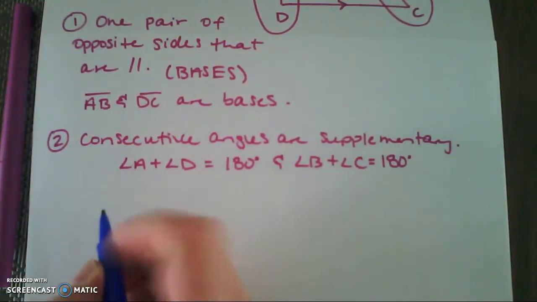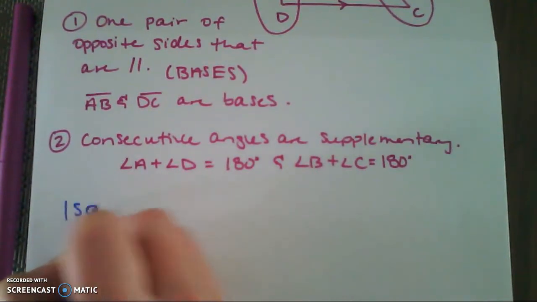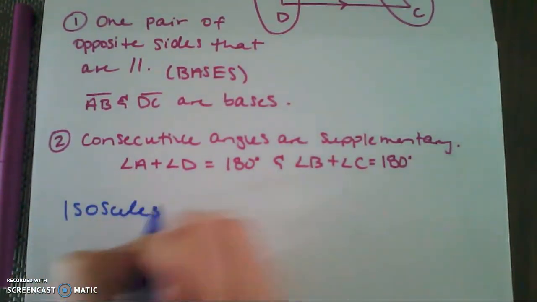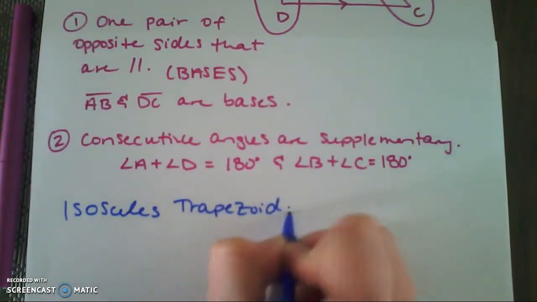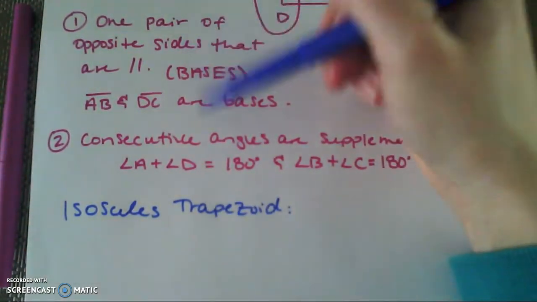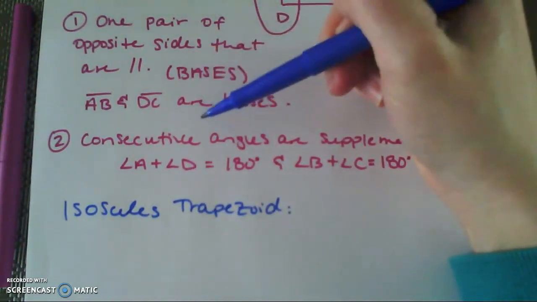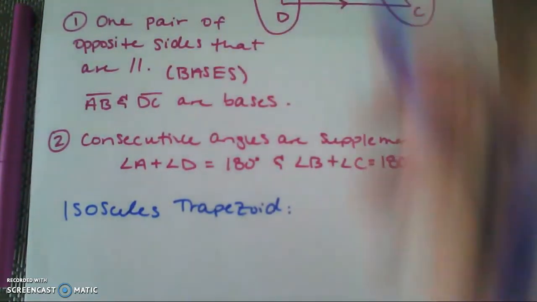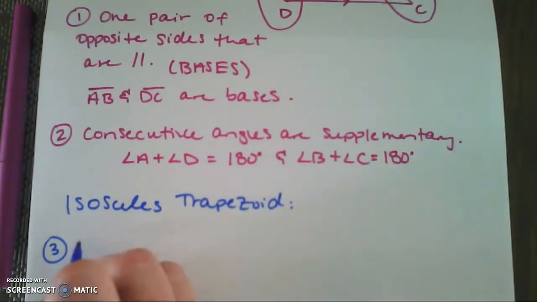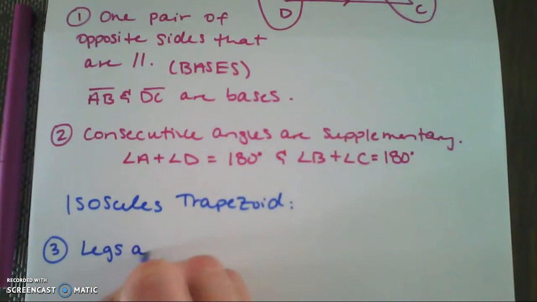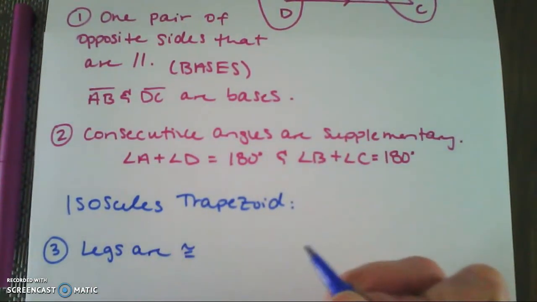The isosceles trapezoid, which is what we're going to do next, has these two properties. So it still does have the same properties of a non-isosceles trapezoid with the addition of a few more. So the next one we'll just put as that the legs are congruent.